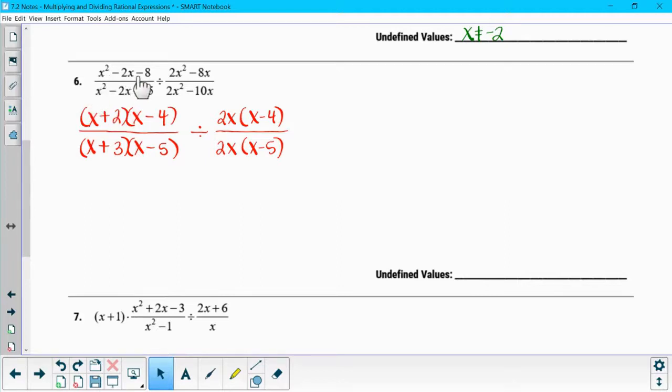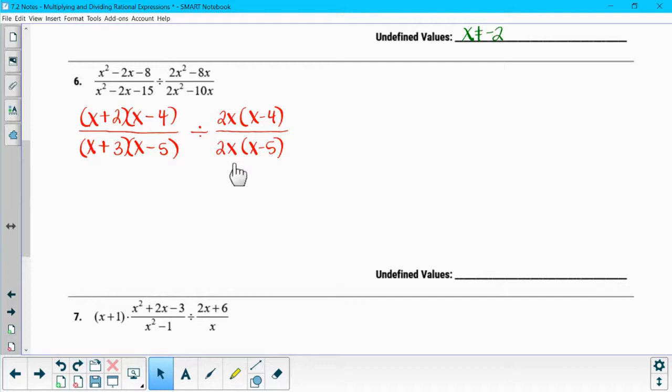So x squared minus 2x minus 8 factors to be x plus 2, x minus 4. x squared minus 2x minus 15 factors to be x plus 3, x minus 5. This has a GCF of 2x, so I get 2x, x minus 4. This has a GCF of 2x, so I get 2x, x minus 5.